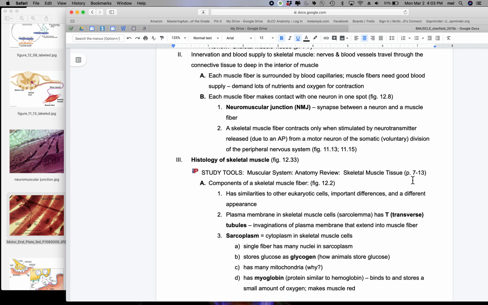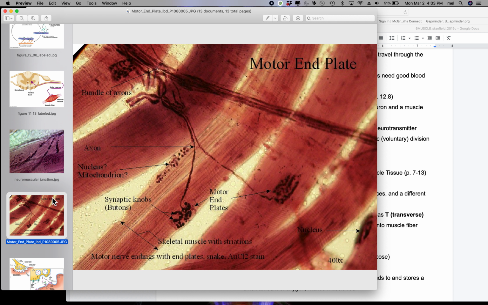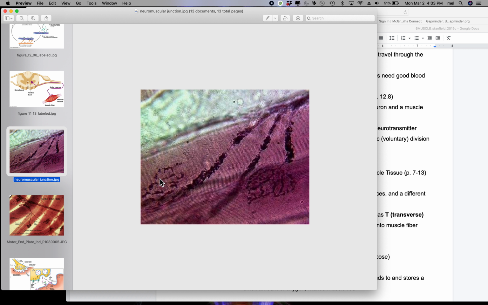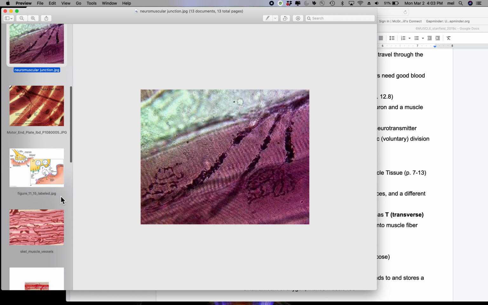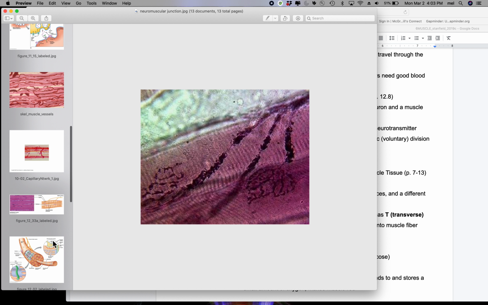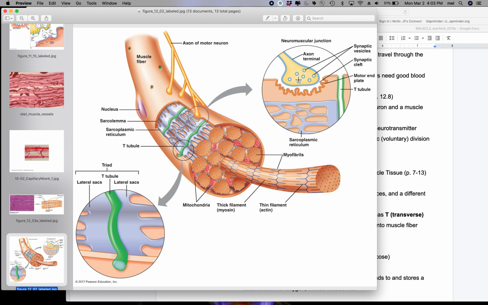So highly, highly innervated. The site at which the somatic motor neuron communicates with the skeletal muscle fiber is called the motor end plate. You see one there, one there, one there. What it actually is going to look like is sort of like this. Here's where the axon terminal or synaptic knob actually comes right up next to the cell membrane of the skeletal muscle fiber, and this is called the motor end plate.